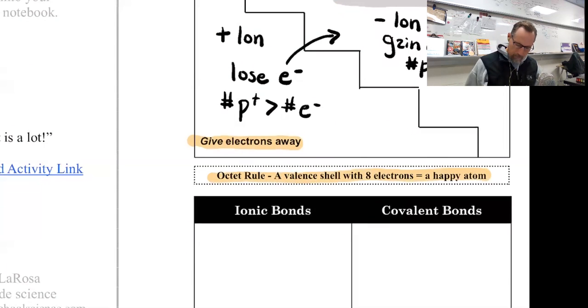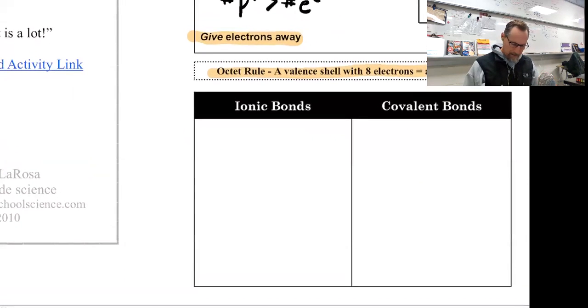Remember that they all want to get 8 electrons in that outermost shell, so they follow that rule that allows them to then be more stable. And that's where those atoms want to be.